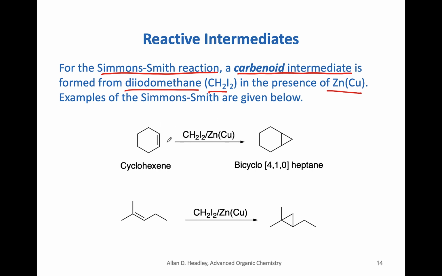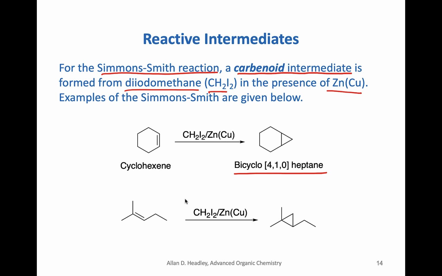Reacting with the alkene gives the cyclopropane. Notice the name. It's a bicyclic system, so hence the name here. Here's another reaction. The alkene reacting with the reagents here will generate the carbene or the carbenoid intermediate to give the cyclopropane from the alkene, and these reactions are known as the Simmons-Smith reactions.